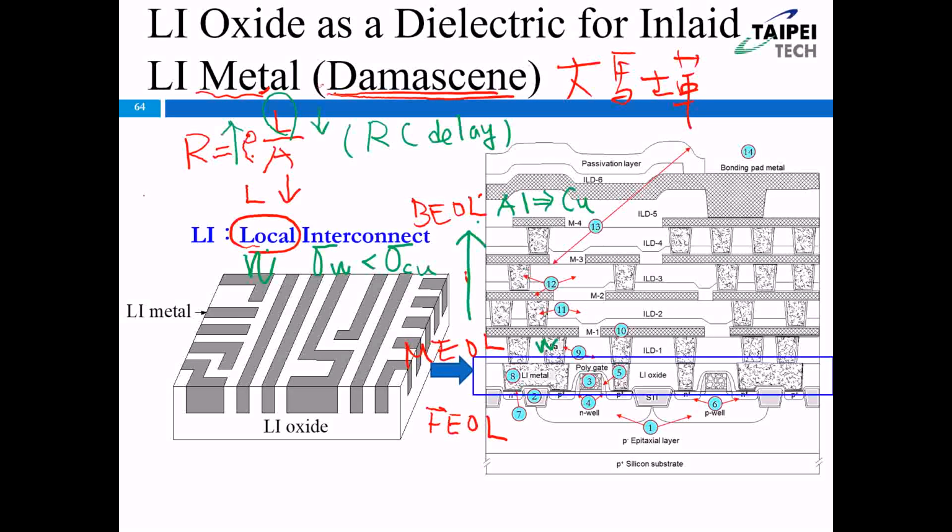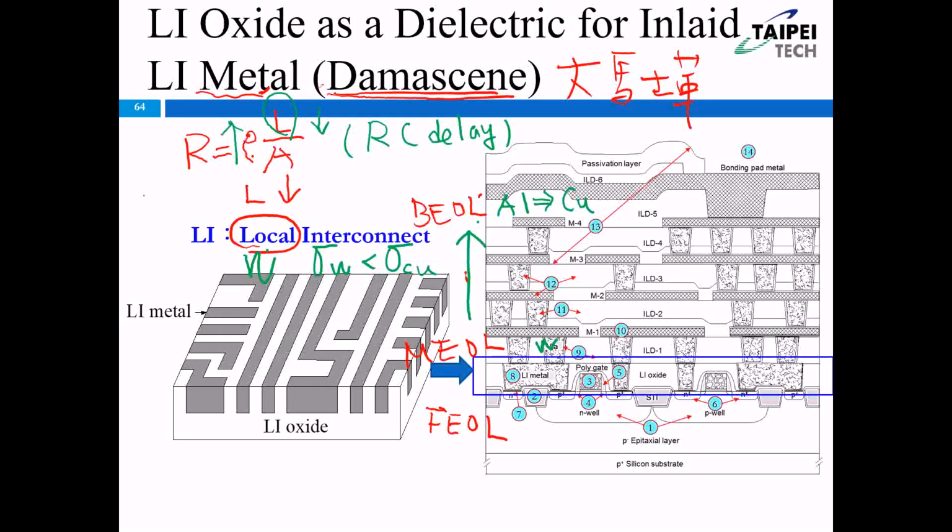So how can we achieve this? We mentioned earlier that we cannot deposit the electroplated copper first, because we don't have any solution to etch and remove the copper. So the first methodology is not right.